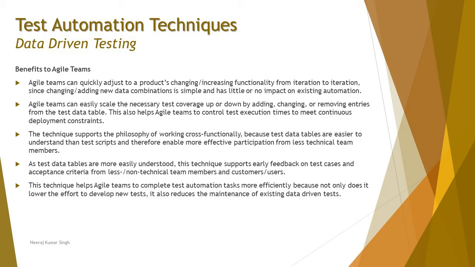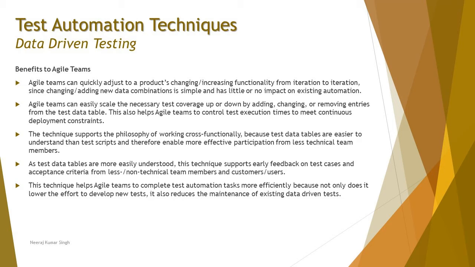Additionally, what we are talking about in this particular series of tutorials at advanced level is what kind of benefits an Agile team can expect by making use of data-driven testing. Of course, an Agile team can quickly adjust to the product's changing or increasing functionality from iteration to iteration, since changing the data combination is simple, with little or no impact on existing automation.